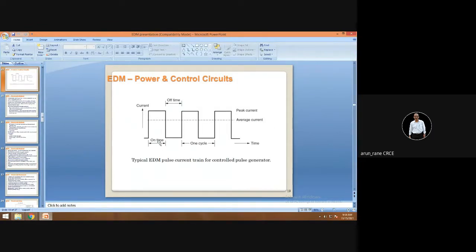On time means it's the machining time. Off time means there will not be any machining. That is, in off time the electrode will be taken up. In on time the electrode will be taken down, and this is what is called one cycle. So one cycle consists of on time and off time.